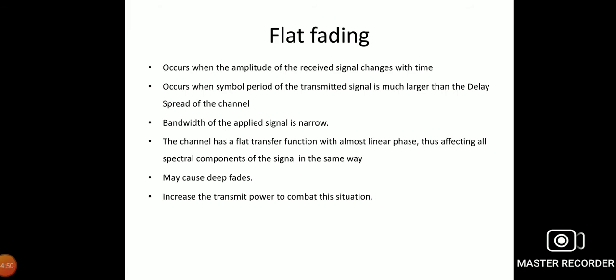Now, what are the demerits of flat fading? Flat fading channels cause deep fades, and more transmitted power is required to receive the signal with low bit error rates.